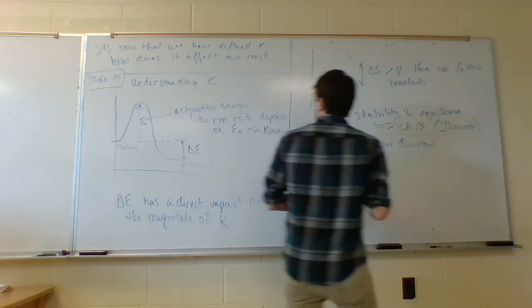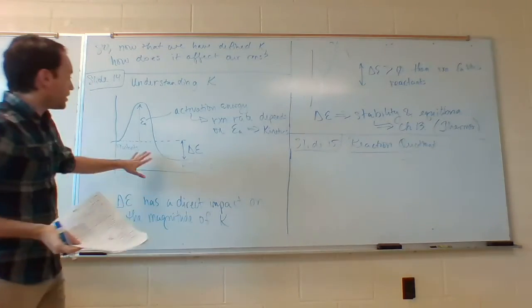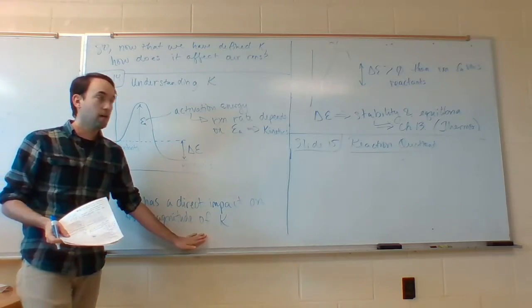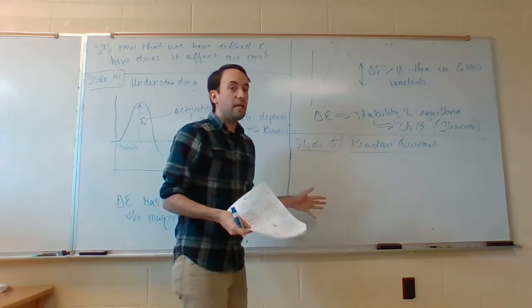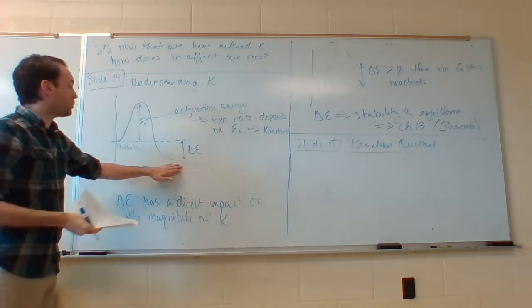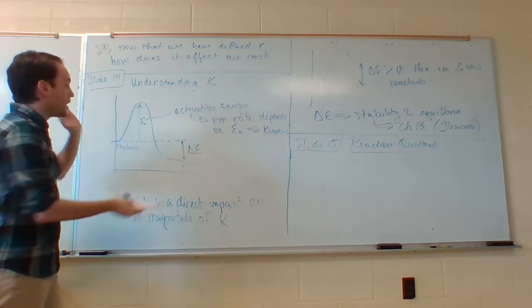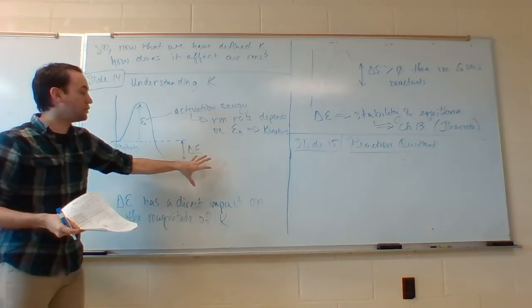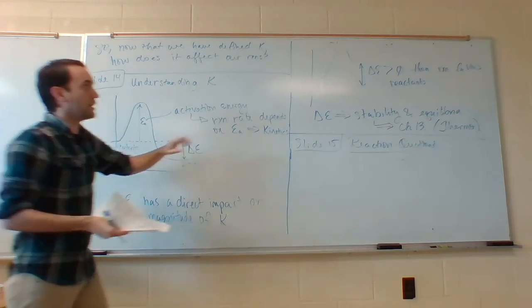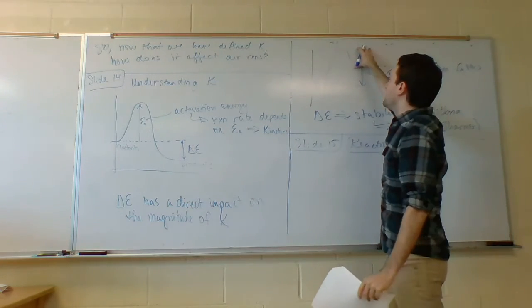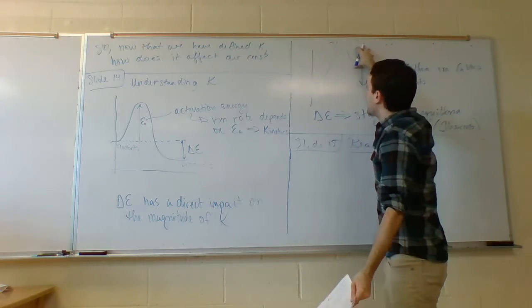All right, now, since we were just saying that the change in energy, our delta E, affects the magnitude of K, that means that depending on how many products and reactants we have, we're not changing the energy. But if we have a bunch of products, like a bunch of cars up here, they're going to want to spread themselves out into a better parking lot.